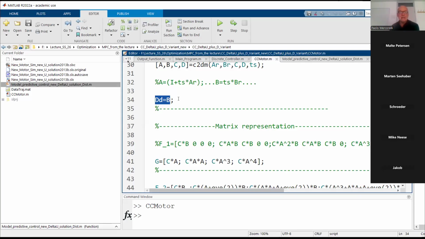Here, we have the disturbance in the electrical part. In fact, DD is exactly like B. The same map as the input. Did you see in the matrix B in the Simulink, we have 1 divided L, 1 divided L, and then 0, 0. This means the disturbance in the electrical part could be.